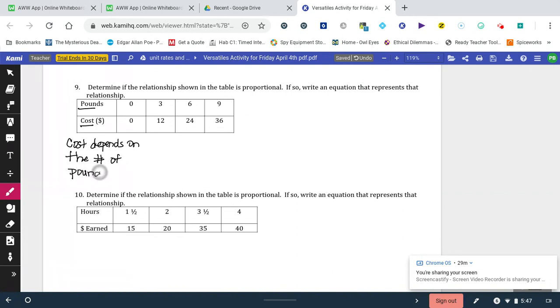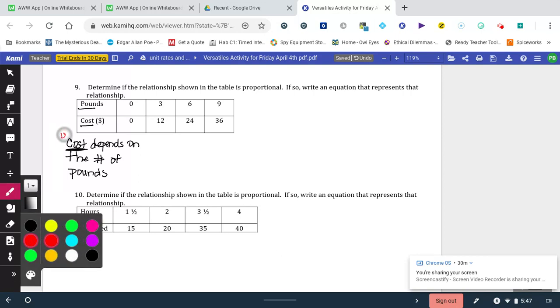That's why they weigh stuff. You go to a grocery store, they're going to weigh your fruits, they're going to weigh your vegetables. They can't tell how much it costs until they determine the weight. So since cost is dependent on something, we're going to say cost is equivalent to the y variable. And then the number of pounds has to be our x.